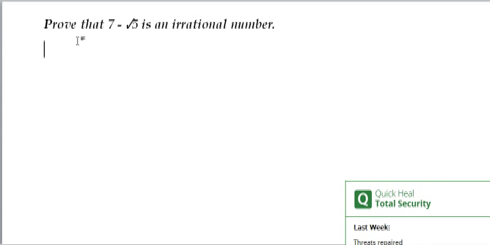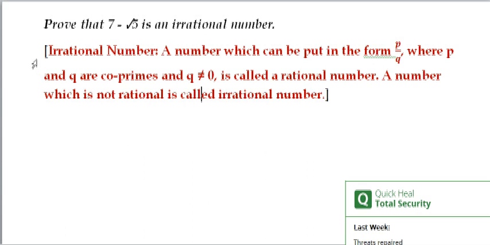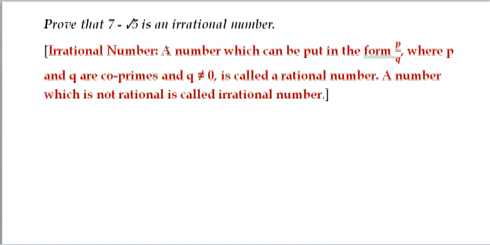Before that, again I want to remind you about the definition of rational number as well as irrational number. You just see, before that I have given the definition of real number.